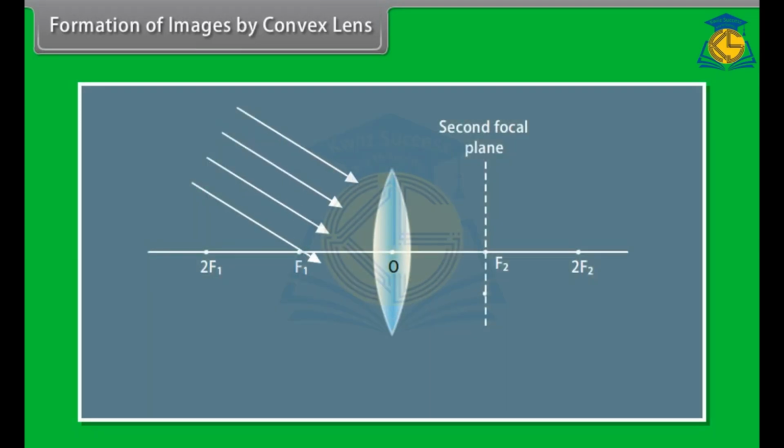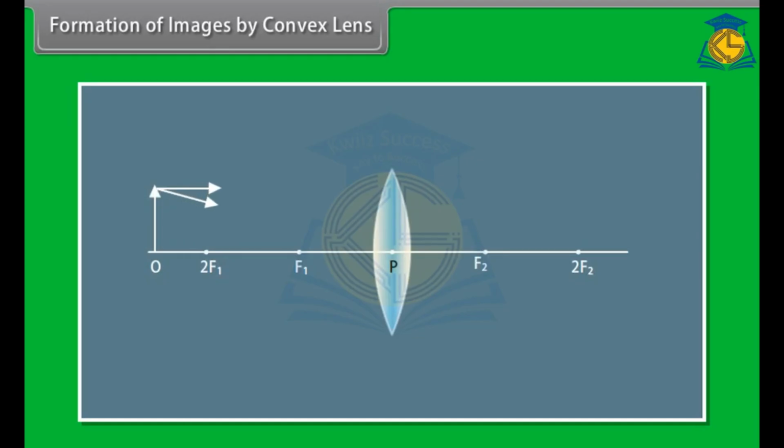When the object is placed at infinity and the rays are not parallel to the principal axis, the image is formed at the focal plane on the opposite side of the lens as that of the object. The nature of the image is real, inverted, and highly diminished.